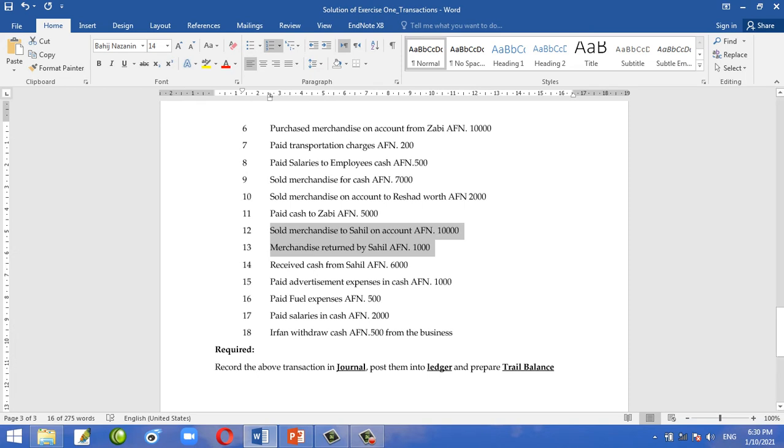But on the 13th of October, merchandise worth 1,000 Afghanis was returned by Sahel. There should be defects or some problems in the merchandise.